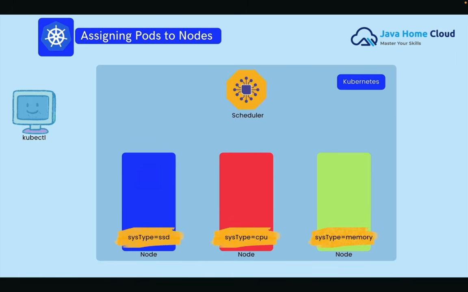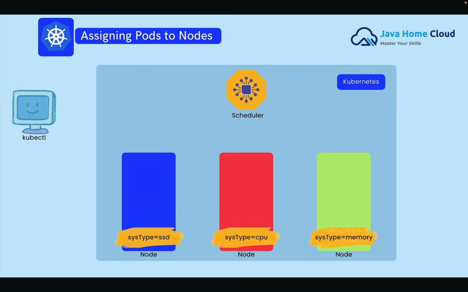We may deploy microservices onto this cluster where certain microservices are CPU intensive, certain are memory intensive, and a few perform well on nodes which are SSD optimized. In such cases, the scheduler may not know whether we are deploying CPU intensive or memory intensive workloads. In such cases, we want to take control of scheduling.